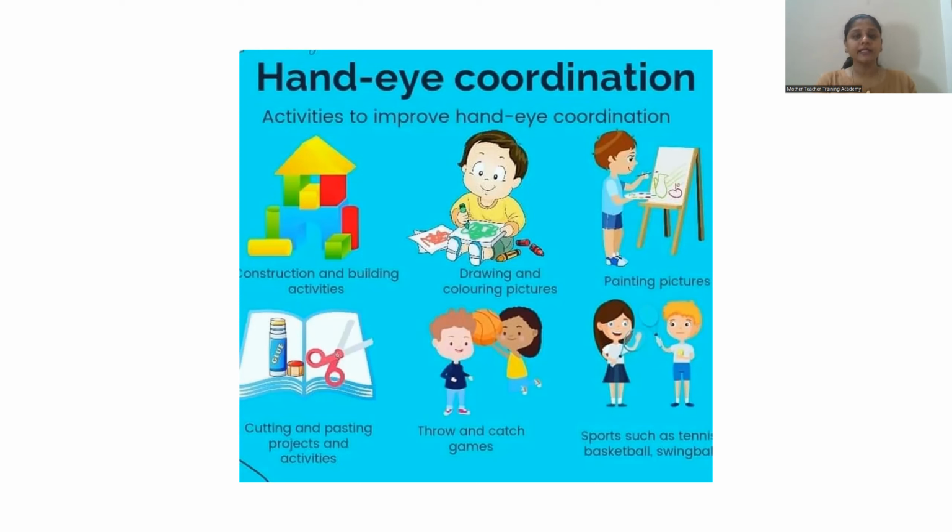At a younger age, a child tends to see somewhere and do something with the hands, and they see somewhere else. So they lack that coordination, and we have to work a little on this to get that coordination between the eye and the hand.